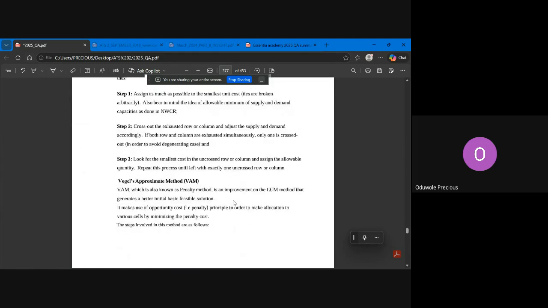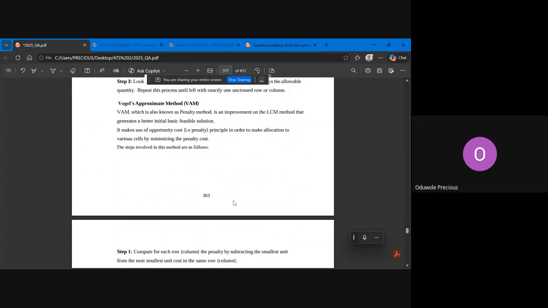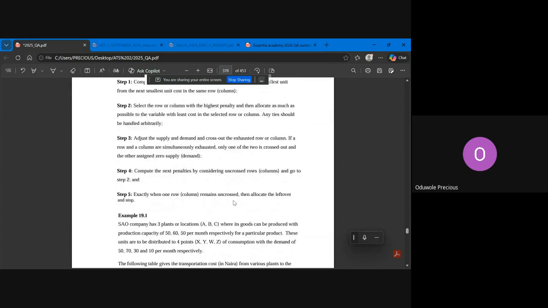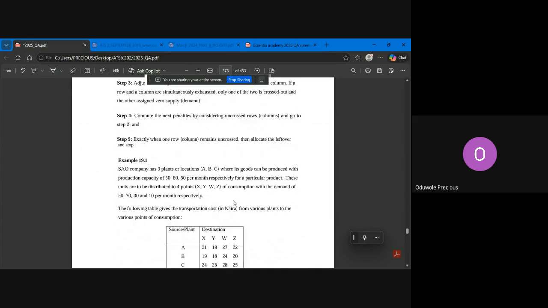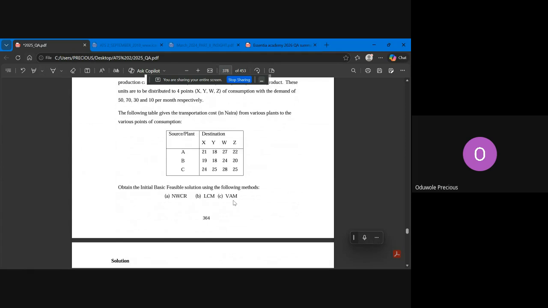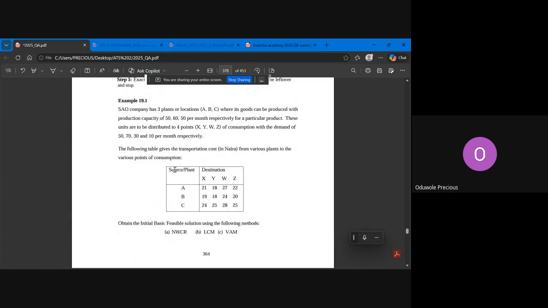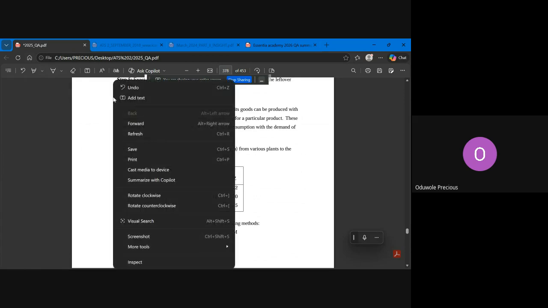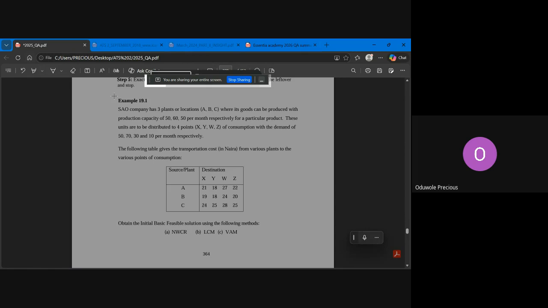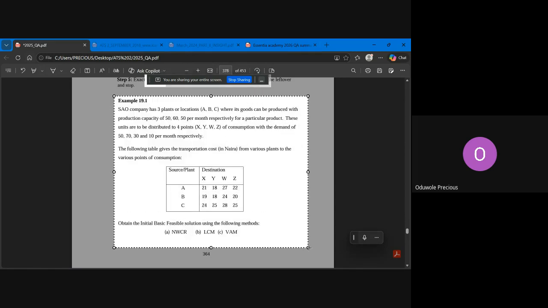So let's take a question first on the northwest corner method before we move to any other method. I'm using this one question to solve the northwest corner method, the least cost method, and the Vogel approximation method. When I finish northwest, I will explain the least cost and Vogel approximation.